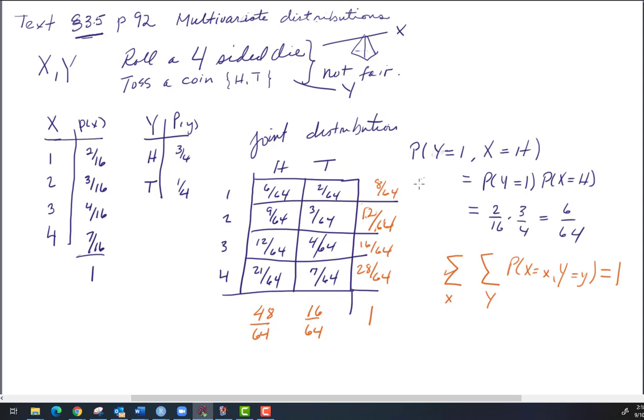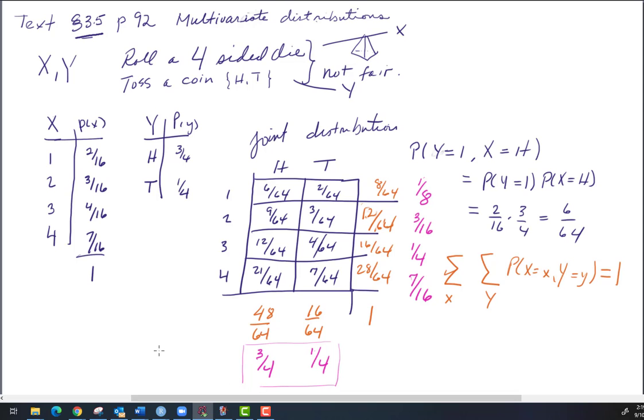So 8/64 would be 1/8. And 12/64 would be 3/16. And 16/64 would be 1/4. And 7/16. And 3/4. And 1/4.